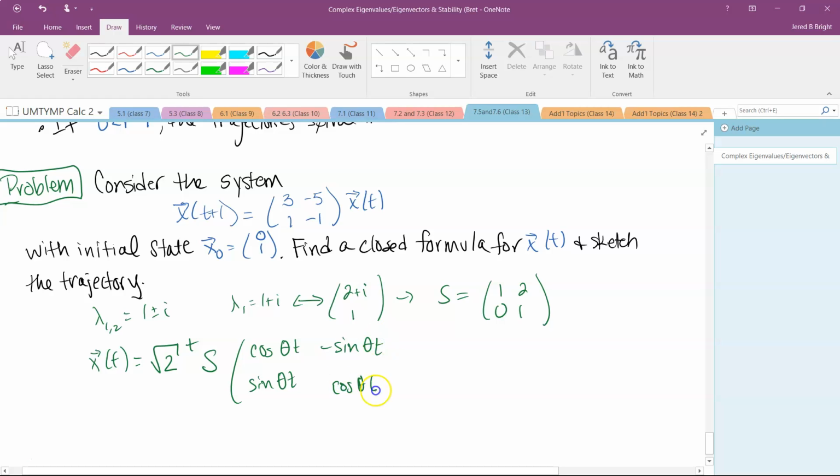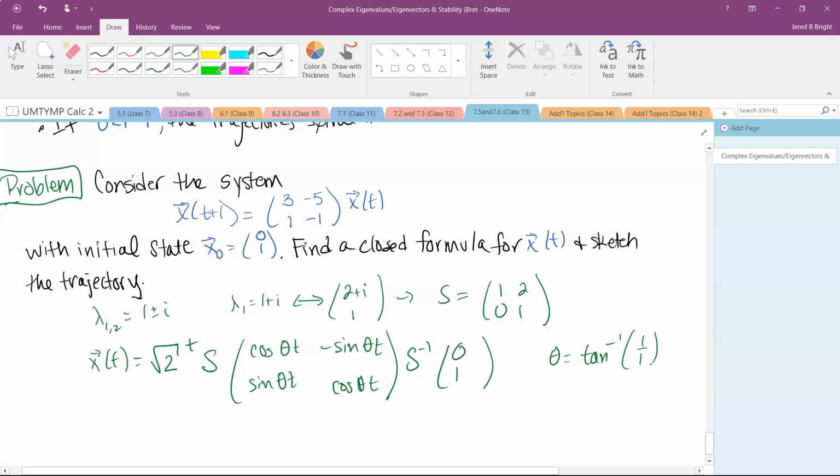I still haven't found what theta is, but we will get there, I promise. S inverse, and then times the initial state vector 0, 1. And then just remember that theta, we can find that as doing tangent inverse of 1 over 1.